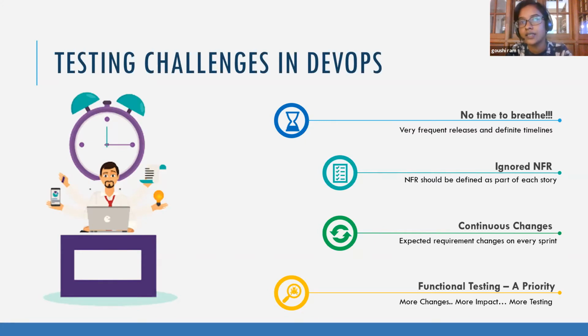So functional testing is always a priority when it comes to an application, but with more regression and retesting, functional testing actually demands most of the QA's time within the sprint cycle, which again reduces the probability of executing any type of performance test within the sprint. So this issue is actually more prominent in projects that have not implemented automation to satisfy their functional test scope at any level, which is again another problem in the poor implementation of DevOps process.